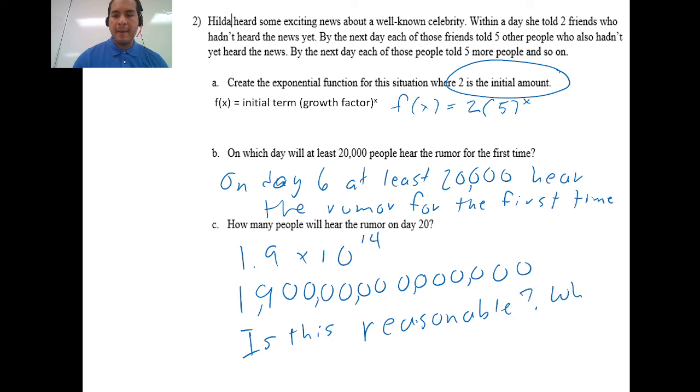The exponential function is useful to a certain point. Seems like by day 20, maybe the exponential function may not work so well. I'll let you explain. Yes or no, and why? Come up with a reason why you think it is, or it's not reasonable that many people will hear the rumor on day 20.